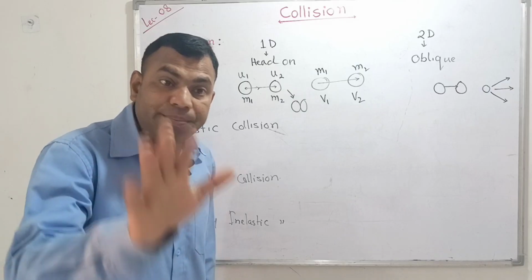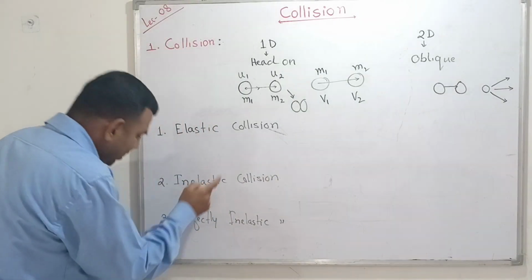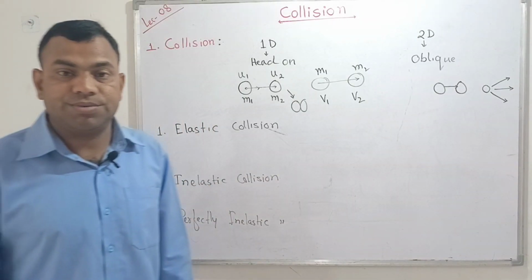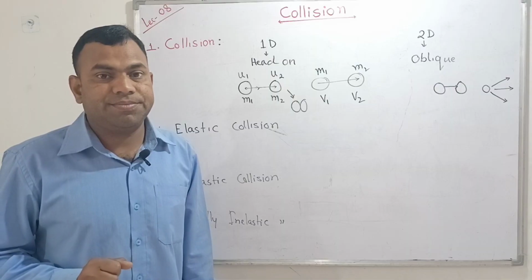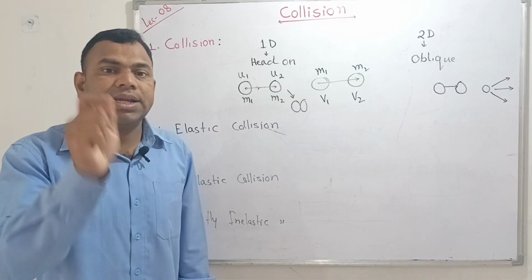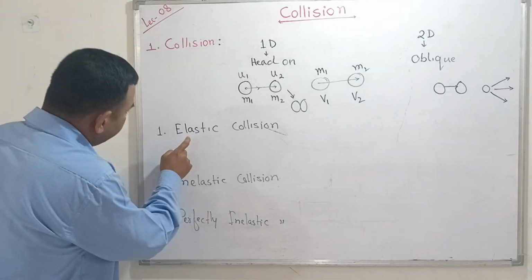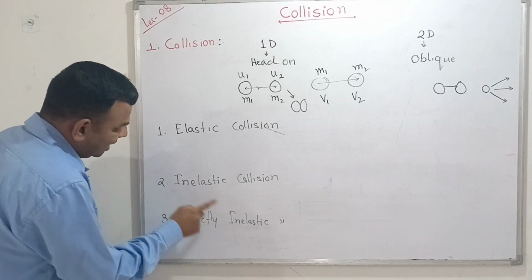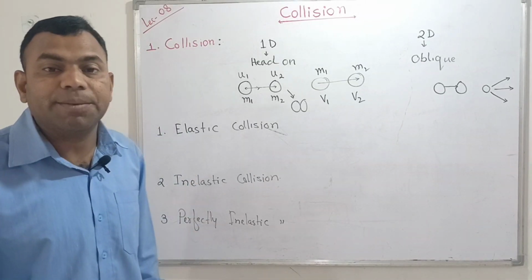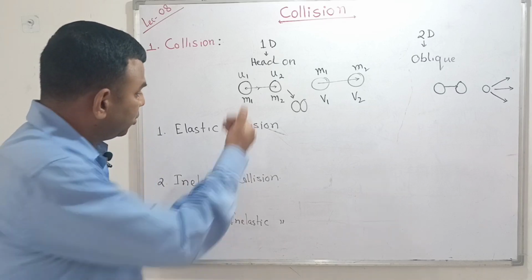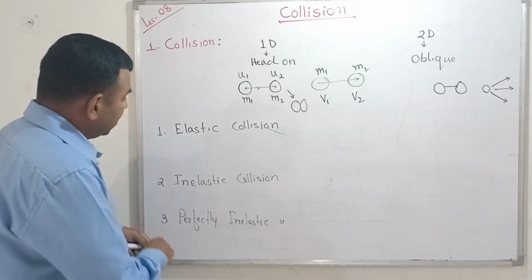This happens for all three cases: elastic collision, inelastic, and perfectly inelastic collision. But kinetic energy is conserved only in the case of elastic collision; in inelastic and perfectly inelastic collisions it will not be. So what is the major difference between the three?